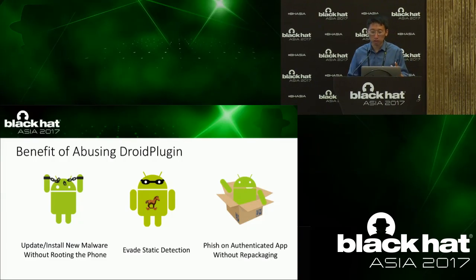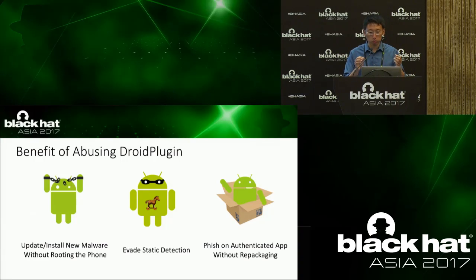The third reason is that along with the development of detection techniques, the chance of repackaging a popular app becomes smaller and smaller. Repackaging is the most widely used technique for phishing attacks. So plugin technology can be used as an alternative way to do phishing attacks without repackaging the original APK file.